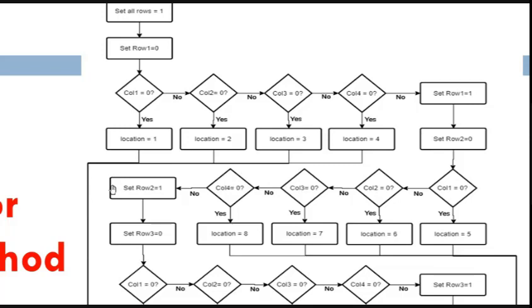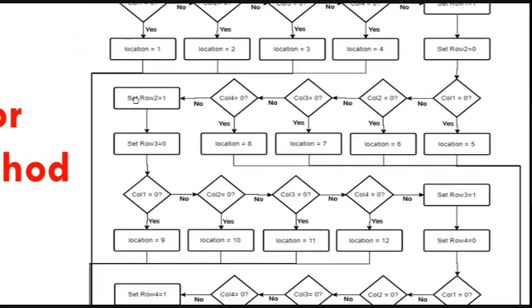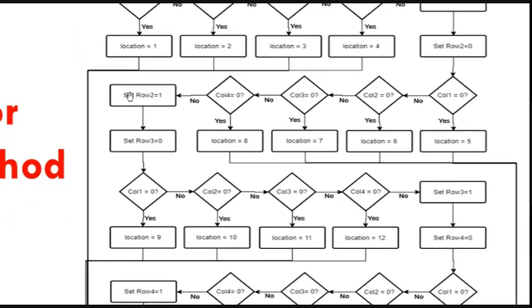And then you reset row 2. The last time row 2 was equal to 0, so after scanning all the columns connected to row 2, you set it again to 1. And then you go to the following row, row number 3, and set it to 0. Then start checking each column connected to row 3.